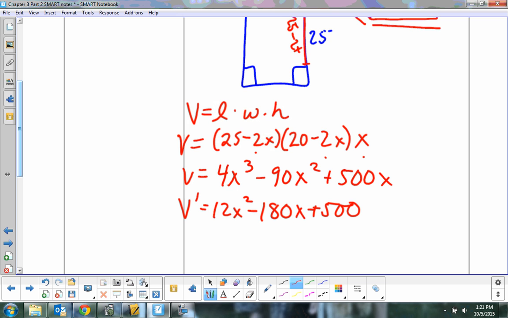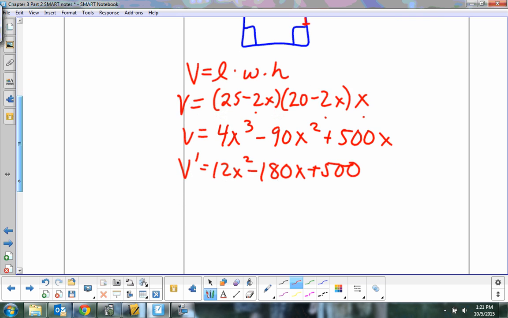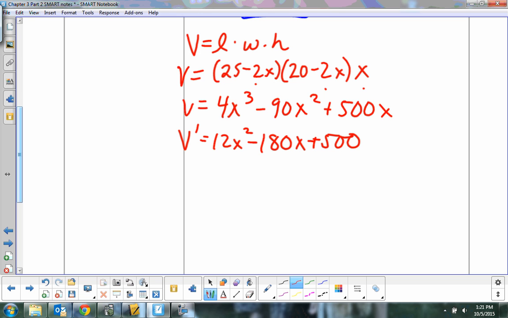There's no undefined places. So when I set it equal to 0, what could I factor out to make life a little bit easier? A 4 looks like the biggest thing. What's 180 divided by 4? 45.